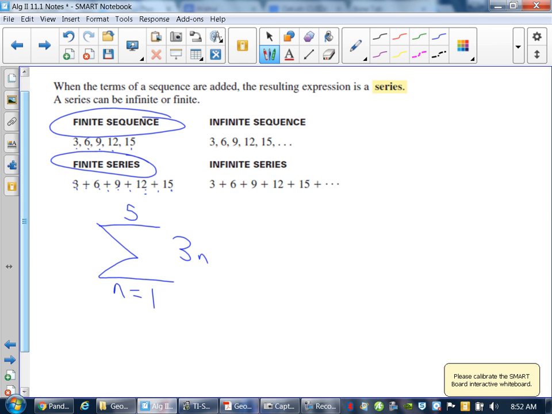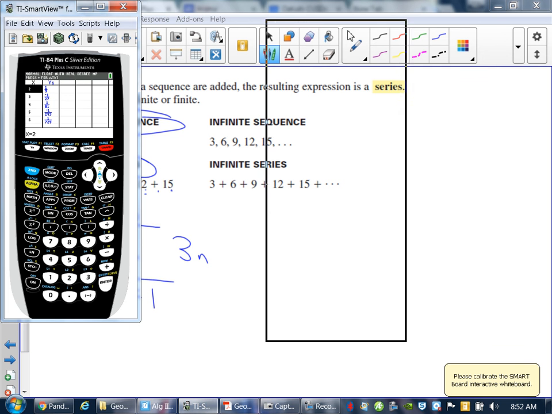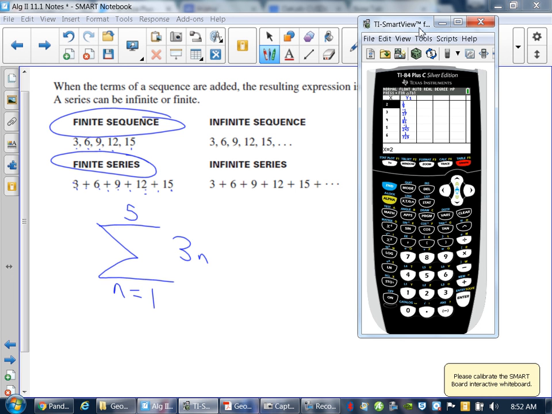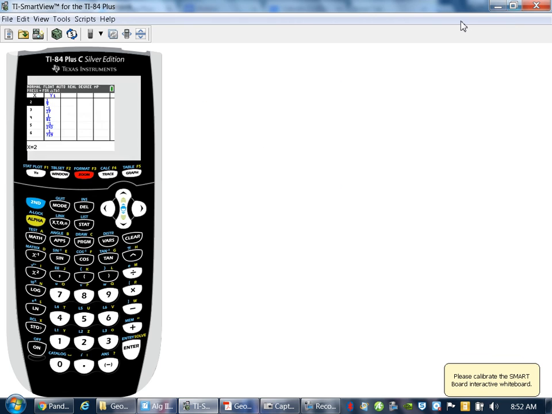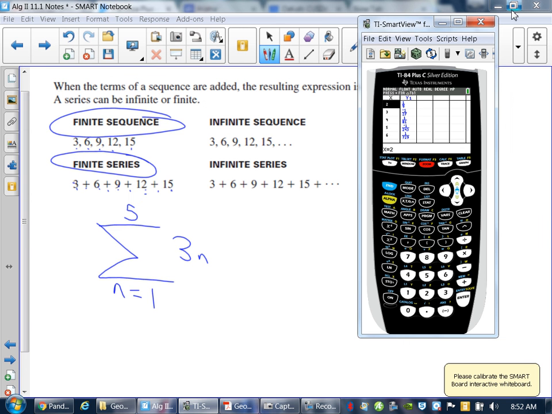So, guess what? There's a button on your calculator. It's crazy. It's called summation. I think it's alpha zoom.